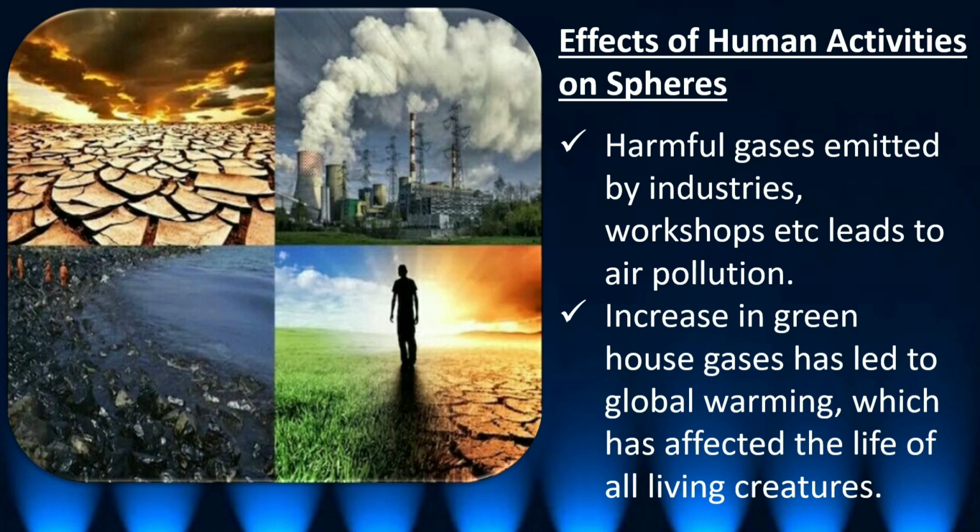Because of global warming, the life of all living creatures is affected, because they cannot sustain their life with increasing temperatures, as their bodies are not ready for such adaptations. So it leads to death. Global warming is a very serious problem which needs to be properly addressed.